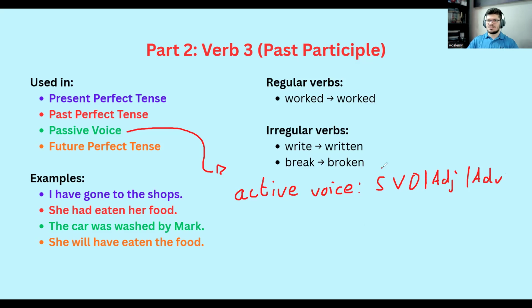So: subject, verb, object, or subject, verb, adjective, or subject, verb, adverb. When we look at passive voice, it is opposite. In this situation, it will be OVS: object, verb, subject.